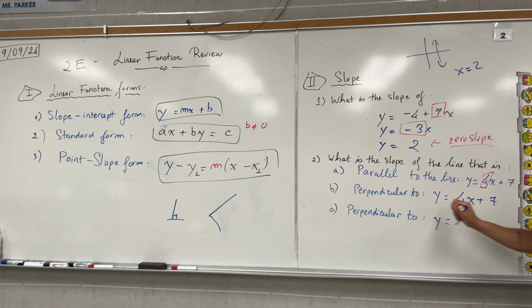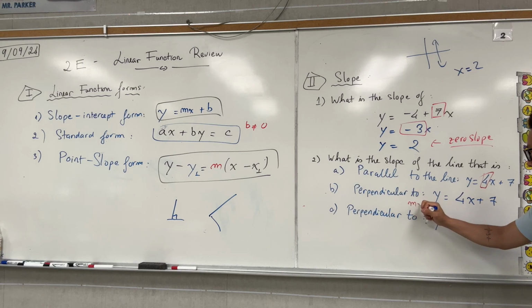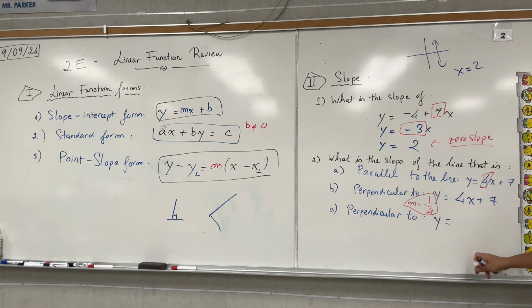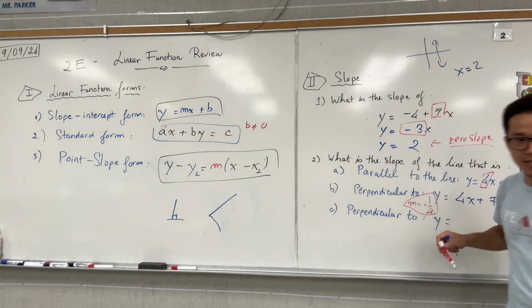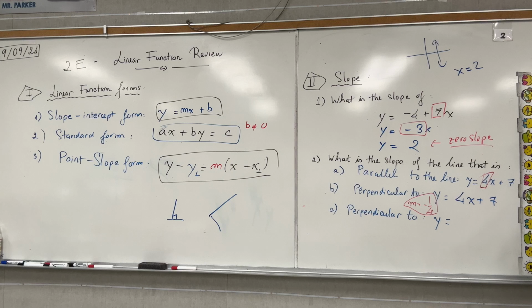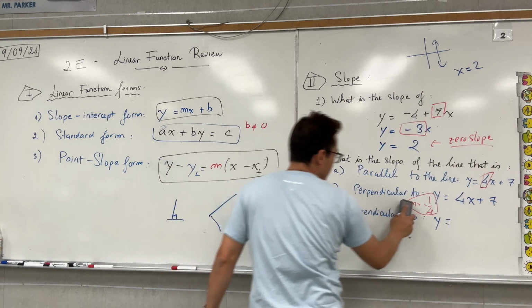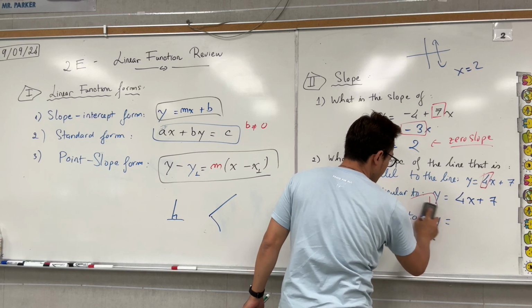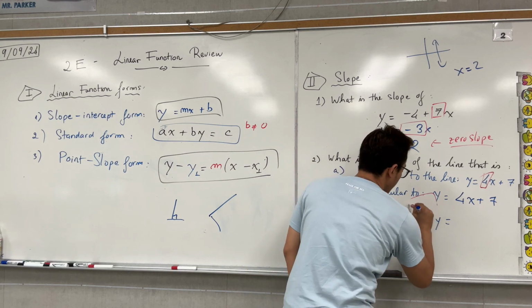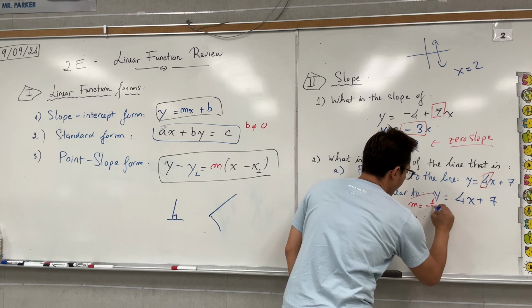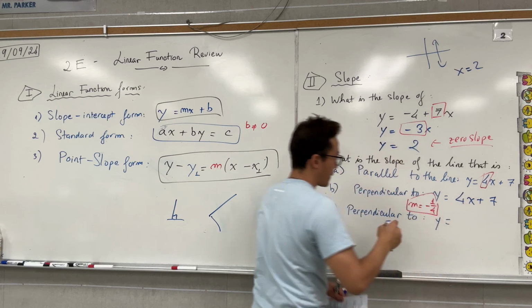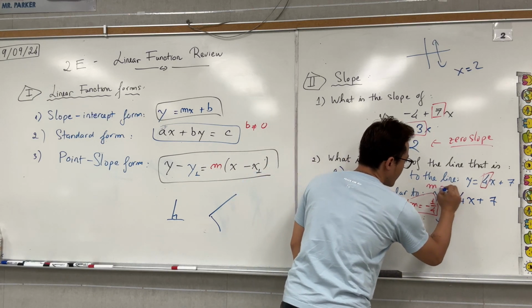It's going to be -1/4. Okay. I just wanted to check if she's sure about it. Let's give Stephanie 1 point. -1/4. Let me write more neatly here. So m equal to 4 here.